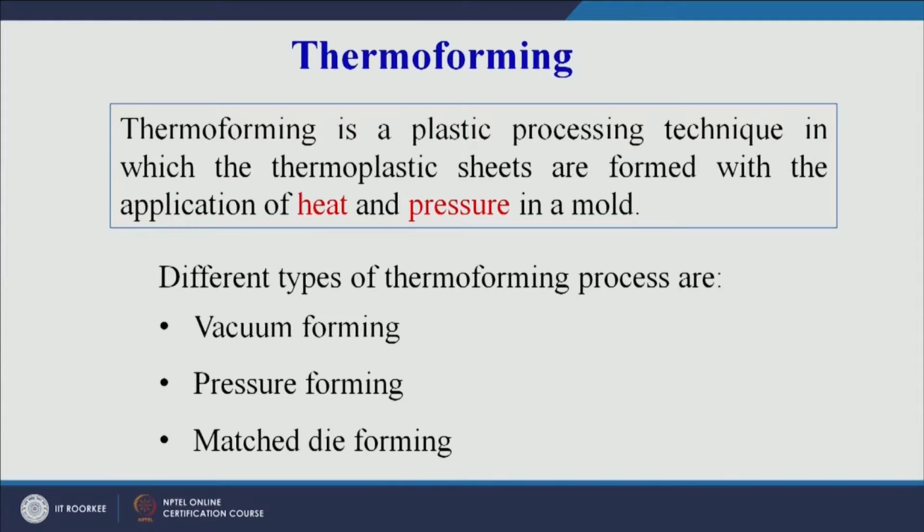Now different types of thermoforming process, as you can see on your screen, are vacuum forming, pressure forming and matched die forming. So we will try to understand the basic working principle of each one of these classifications of the thermoforming process.